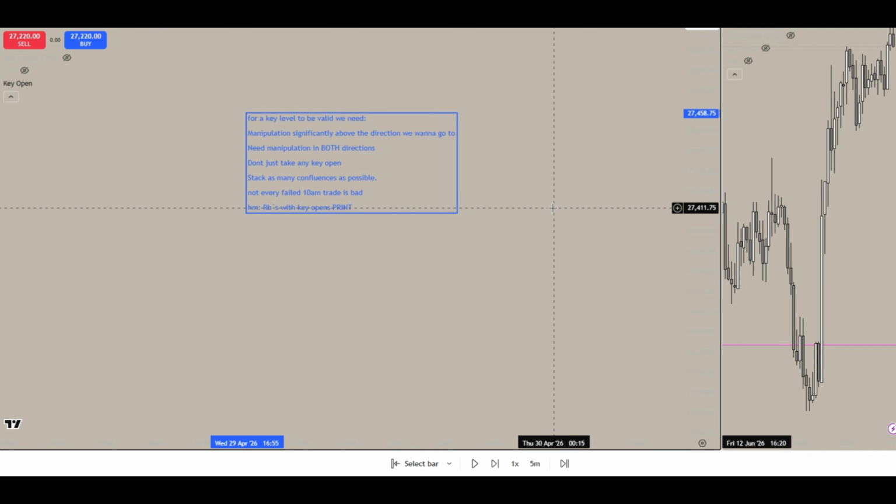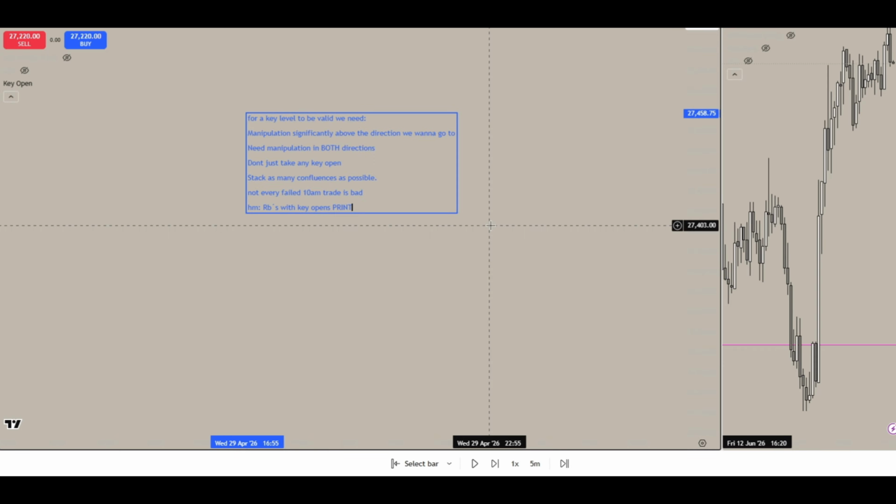So the examples I gave you on the rejection block, with the tap into a fair value gap, sweep and engineered liquidity, and then having a key open has a super, super high win rate. Obviously, the leg needs to be balanced out. There are a few things to be aware of, but as I said, there is room for failure, so don't be afraid to take a loss.